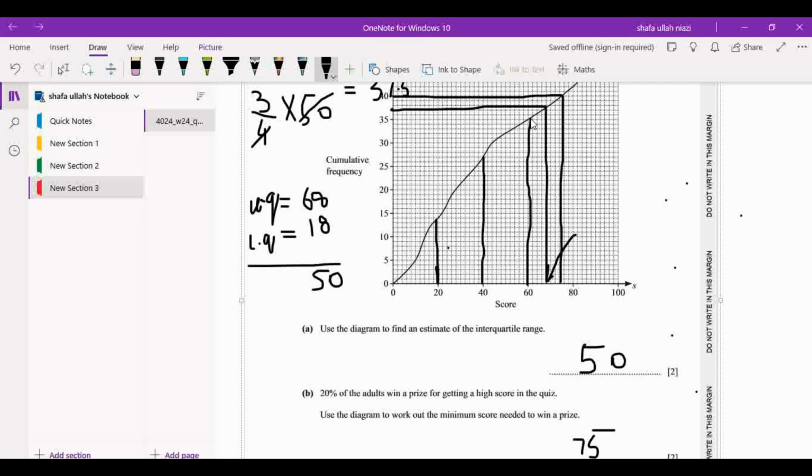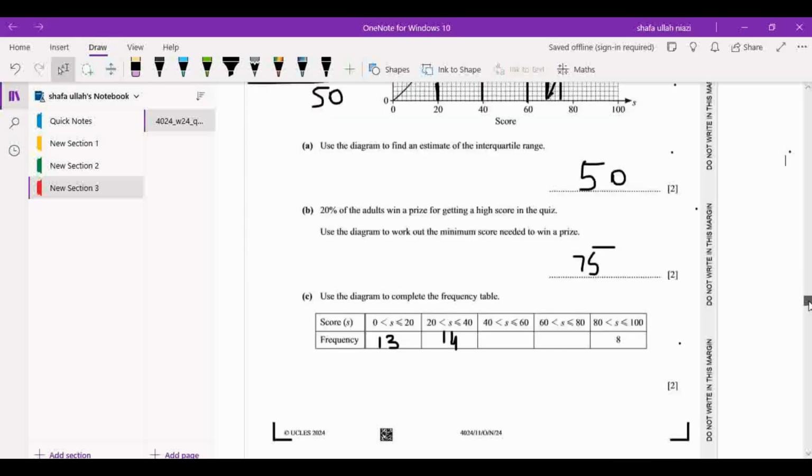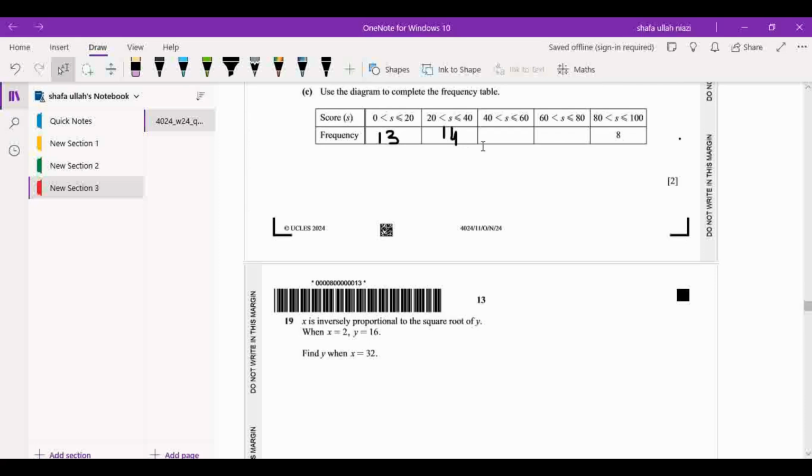And it cuts at 35. So 35 means 27 plus 8 is 35. So this should be 8 because cumulative frequency is 35. Next is 8. 35 plus 8 is 43. So this should be 7 here.